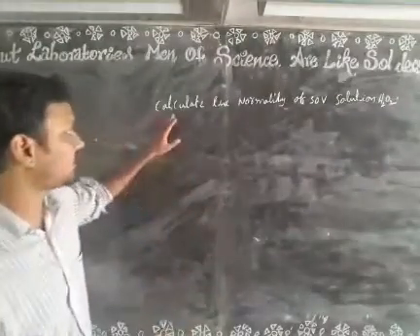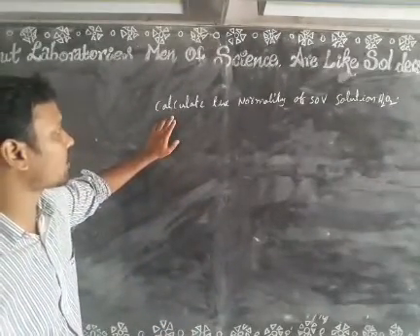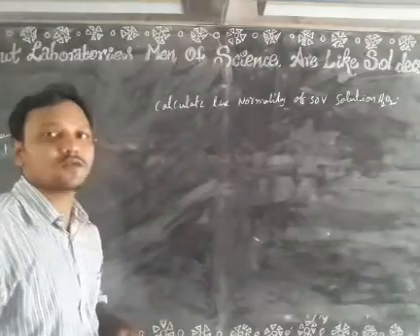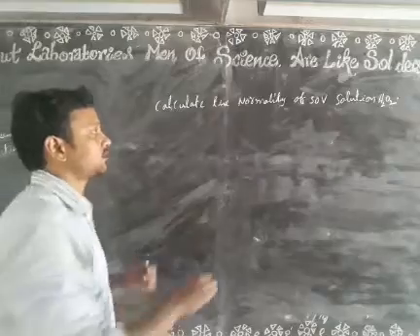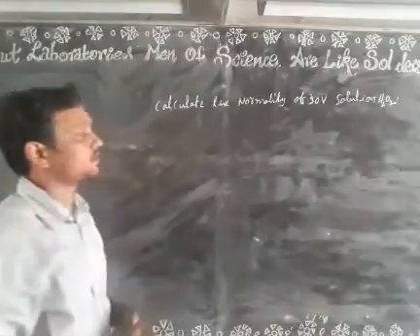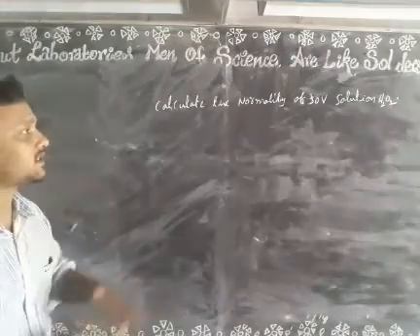Now, if you see here, one problem is given: calculate the normality of a 30 volume solution of hydrogen peroxide. So what is 30 volume?